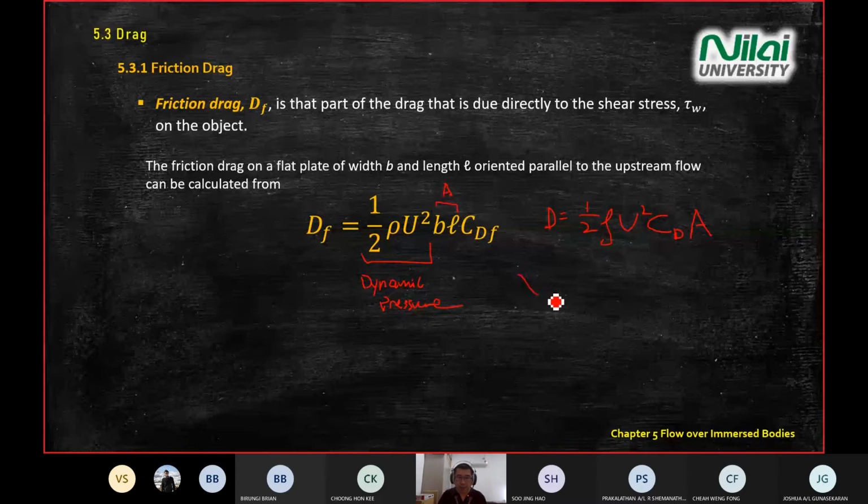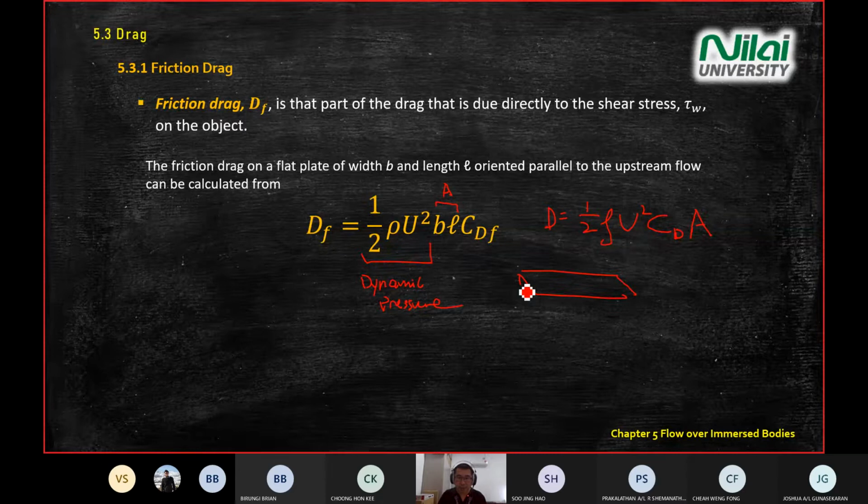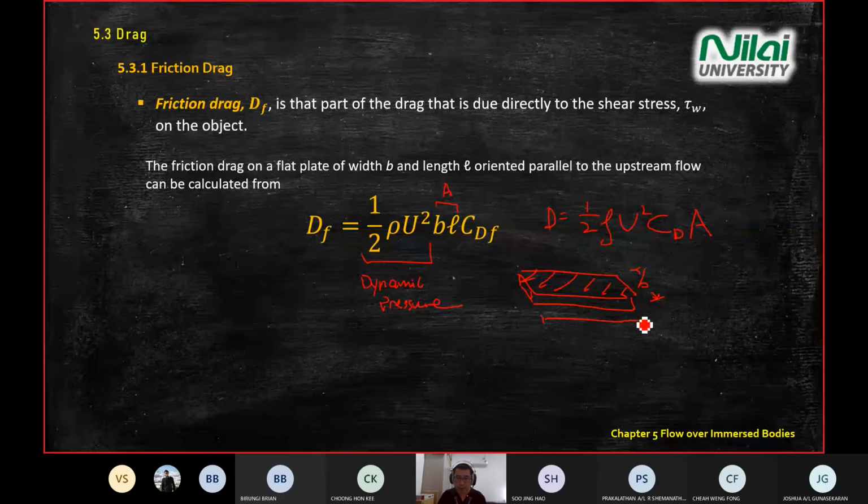For example, if you have a plate, this is the area. C_Df is the drag coefficient.